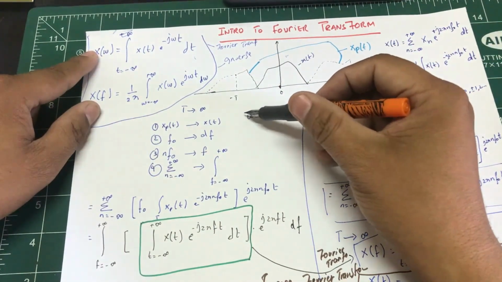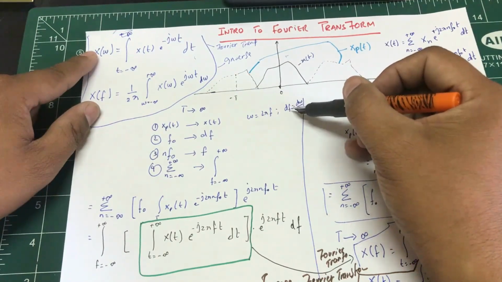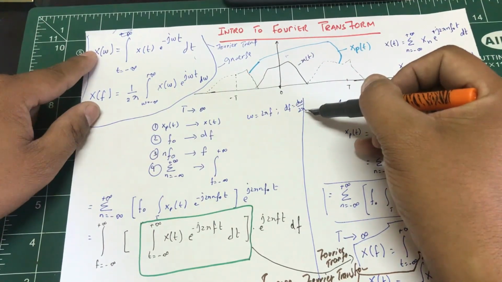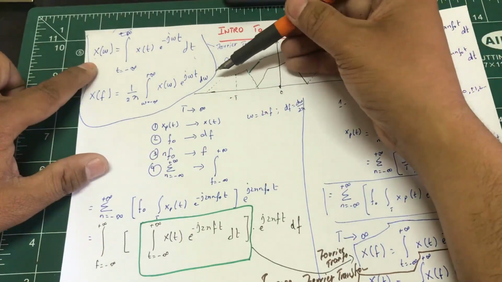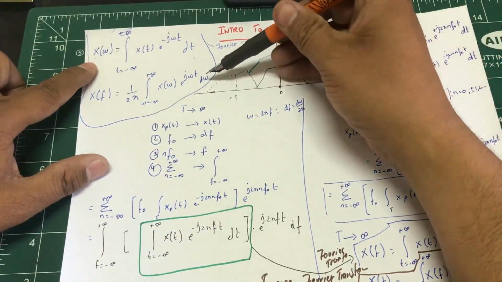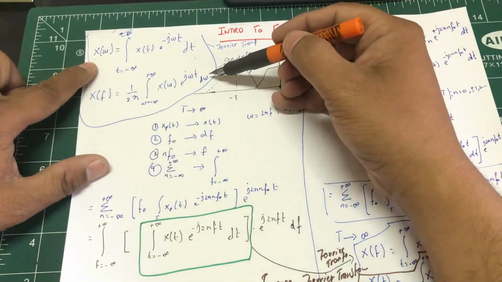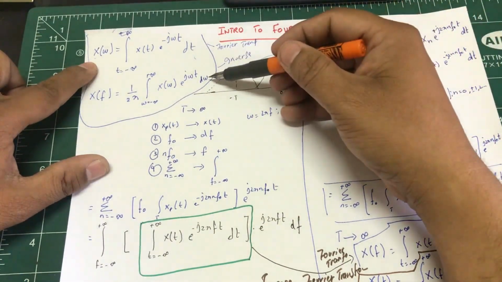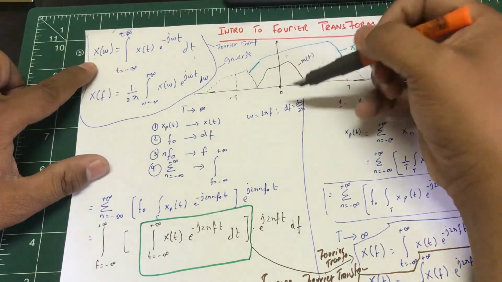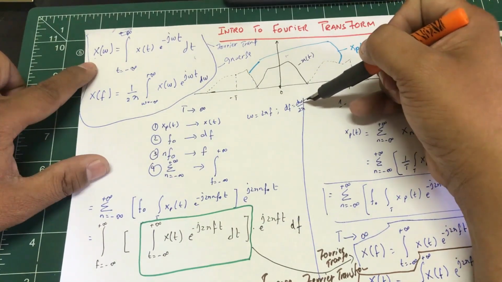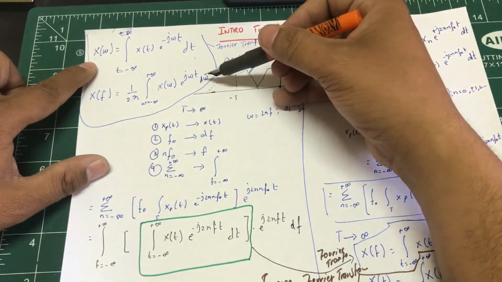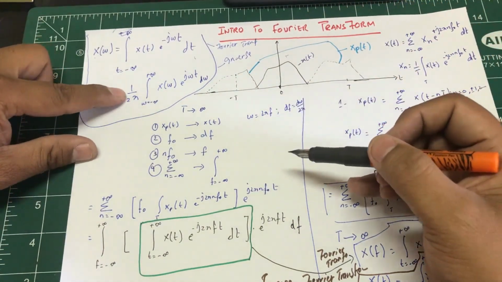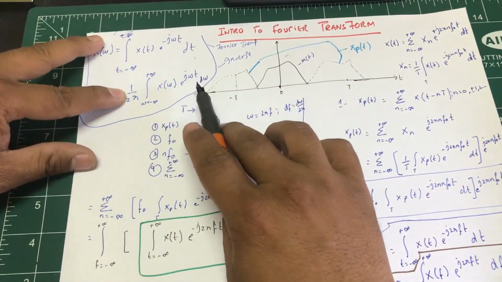So if I were to take an integration of this, df is going to be d omega over 2 pi. In the actual equation it was df, wasn't it? So I need to have it in terms of d omega, and d omega is 2 pi times df, so in terms of d omega, this is going to be 1 over 2 pi, because I'm making a replacement here.